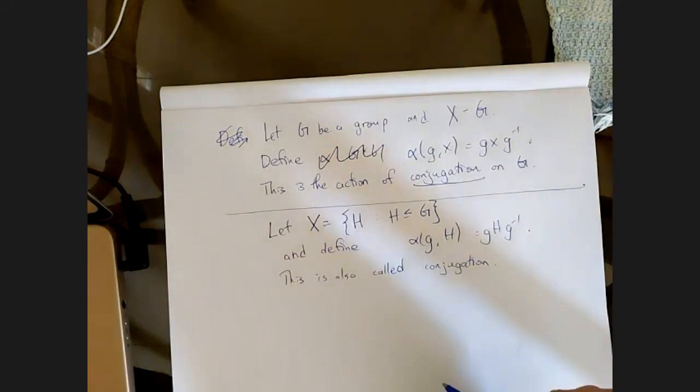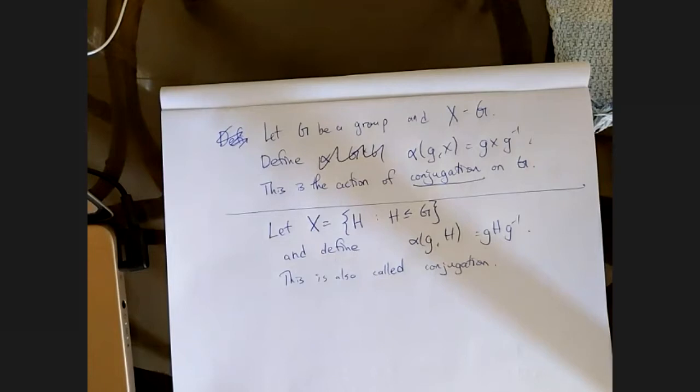So whenever we have a group action, we like to look at the orbits and the stabilizers and so on. Actually these two things are related.